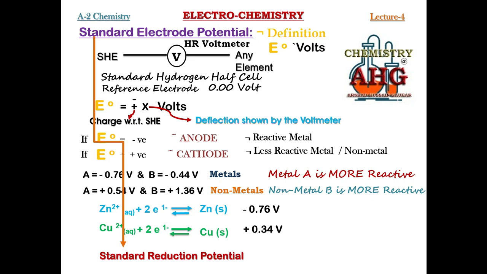So always remember, standard electrode potentials, they are standard reduction potential because they are written for the process of reduction of an element. Now what does this mean? Now if you look at both these numerical values, you can see one numerical value is less than 0 if we just consider them mathematically. One is negative, other is positive. So you can see one numerical value is less than 0, other is greater than 0. The numerical value that is less than 0, what does this mean?